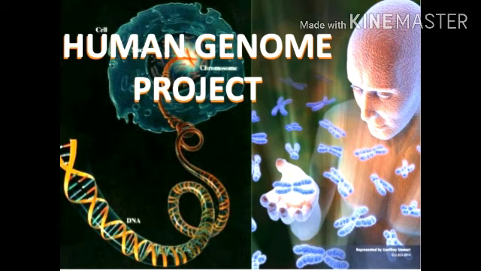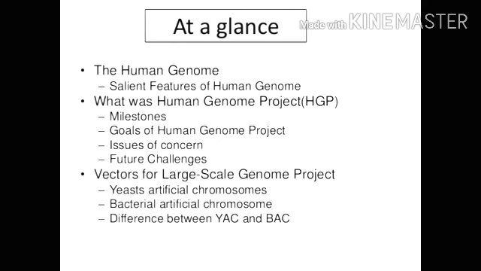So let's start today's lecture. These are the contents that we will discuss in today's lecture. First, the Human Genome Project, which consists of the salient features of the human genome. Next, what was the Human Genome Project, milestones and goals of HGP, issues of concern, future challenges, and the last topic, factors for large-scale genome projects, which include YAC and BAC.